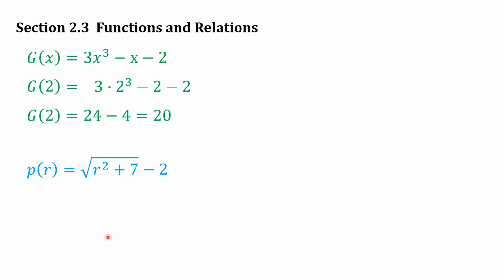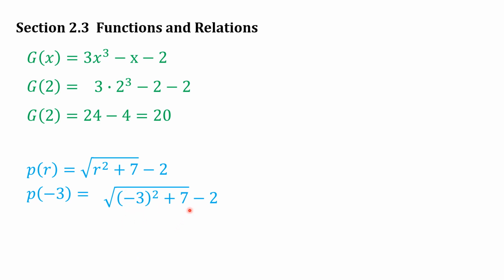Let's have another function. We'll call this function p. We're going to p something. So what happens when you p something? You p an r. Well, if you p an r, you have to square the r, add 7, square root it, and subtract 2 from it. So let's do that. We'll p a negative 3. Well, negative 3 squared, negative times negative is positive.